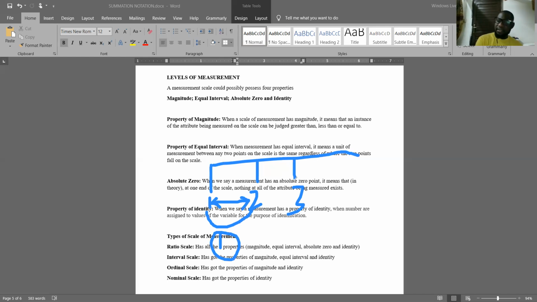Then any length of 3 and above, I will assign 2. So I have reduced this property, which is ratio, to nominal by categorizing it and assigning numbers to it for classification or identification.